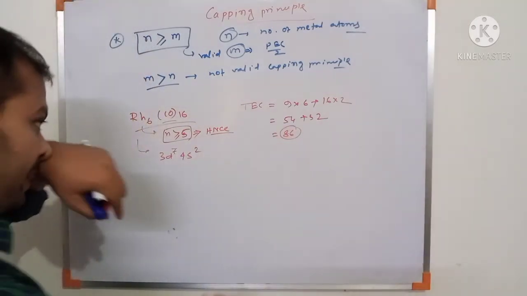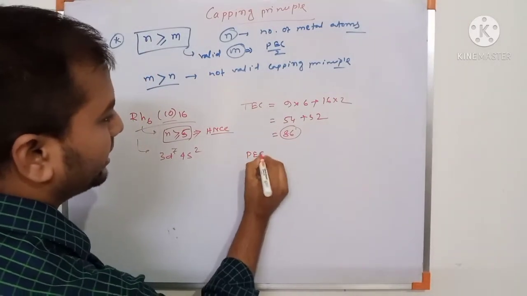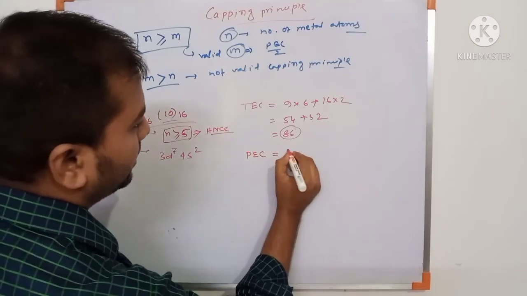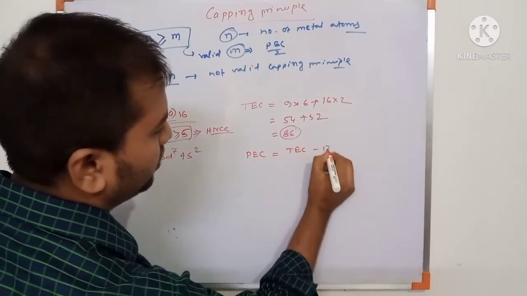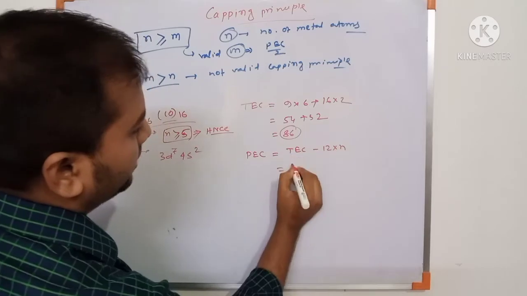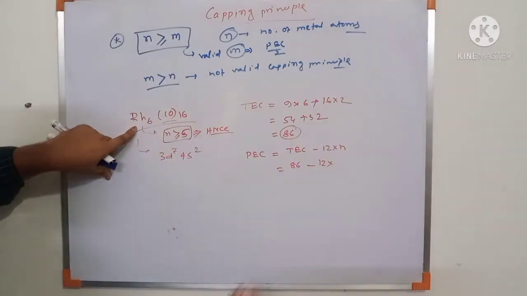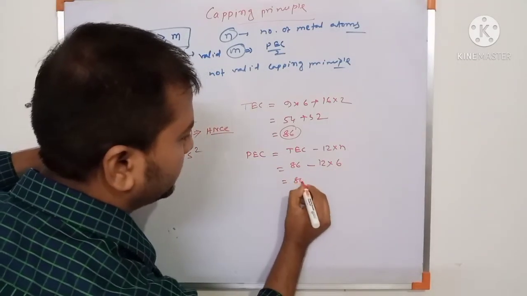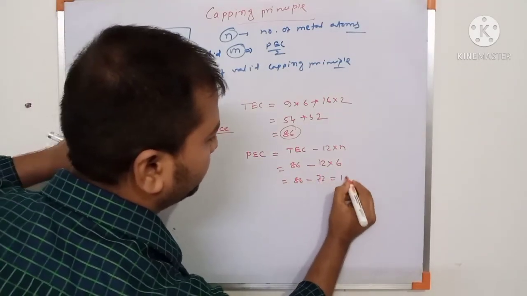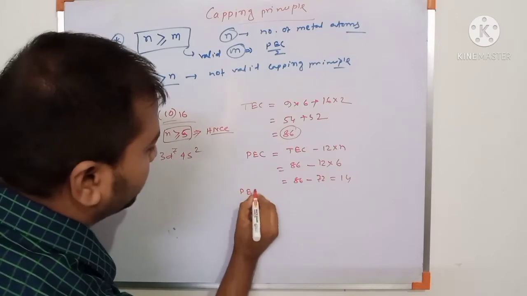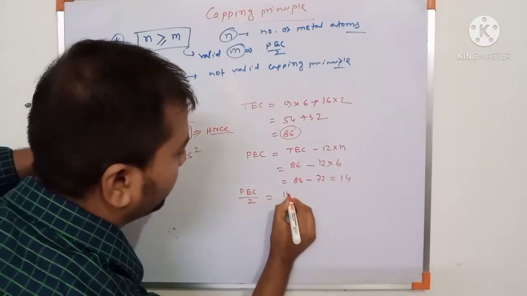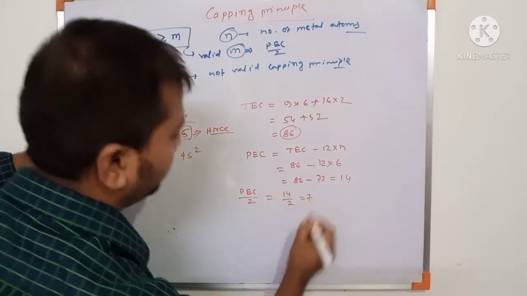Total electron count is 86. Polyhedral electron count equals total electron count minus 12 into N. So 86 minus 12 into 6, where N is the number of metals, equals 86 minus 72, equal to 14. Polyhedral electron count by 2 is 14 by 2 equal to 7.